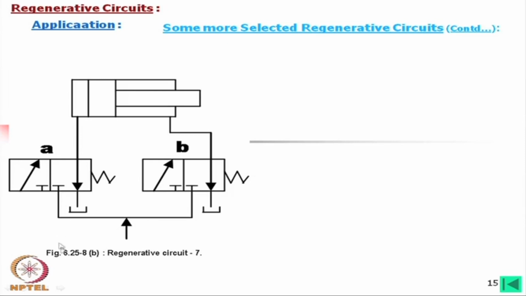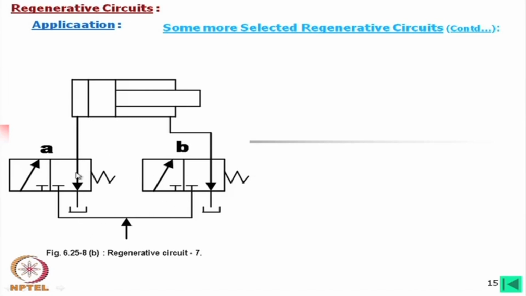Now, let us consider that when this connection is shown, the right hand side is the neutral condition and the other connection is the operational condition. Now, both the valves look the same and they are the same.